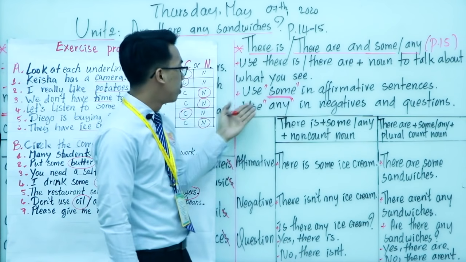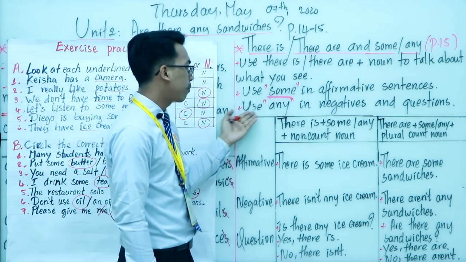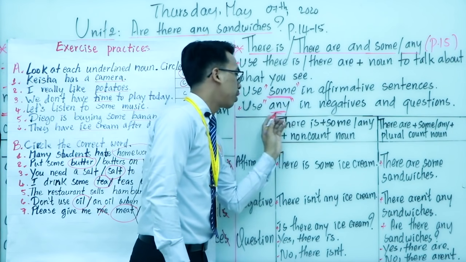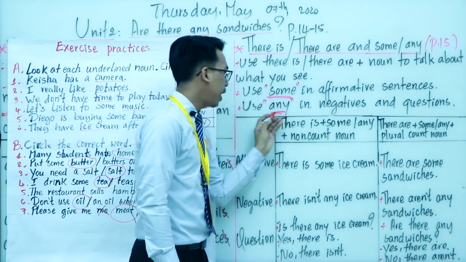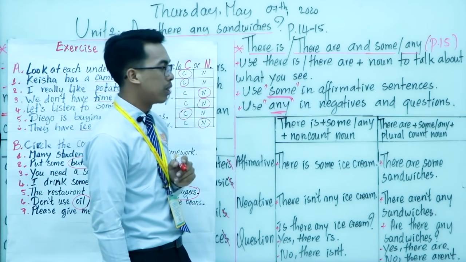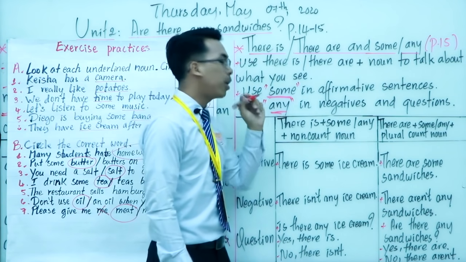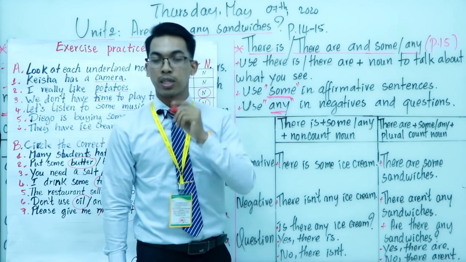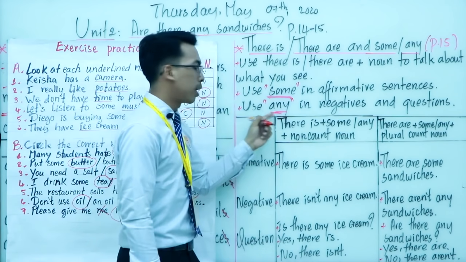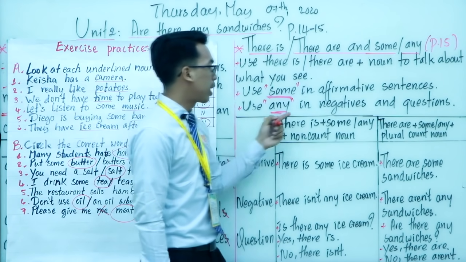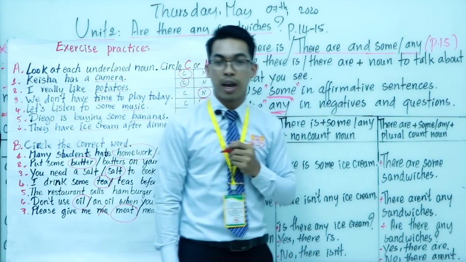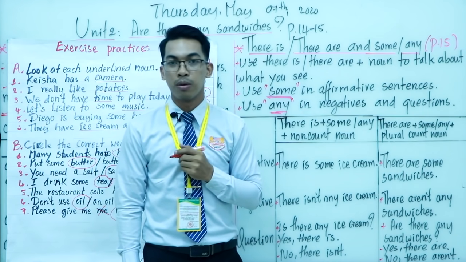Very good. Okay, so now let's move to the last one. It's about any. So use any in negatives and question forms. Alright? So the first one is some. Use it only in positive. But when we use any, we can use it with negative and question forms.